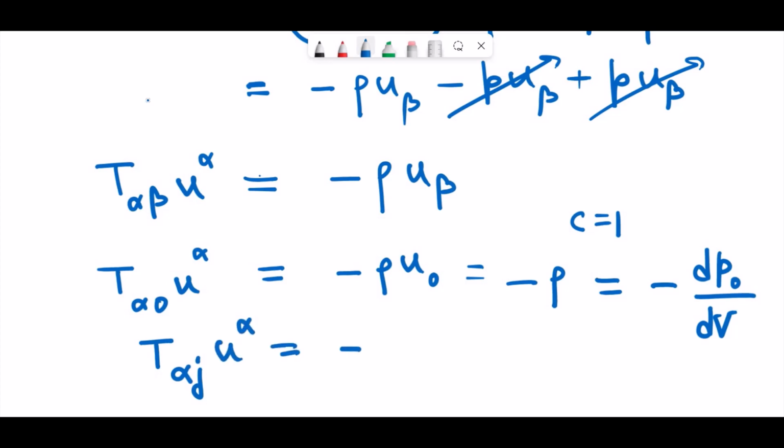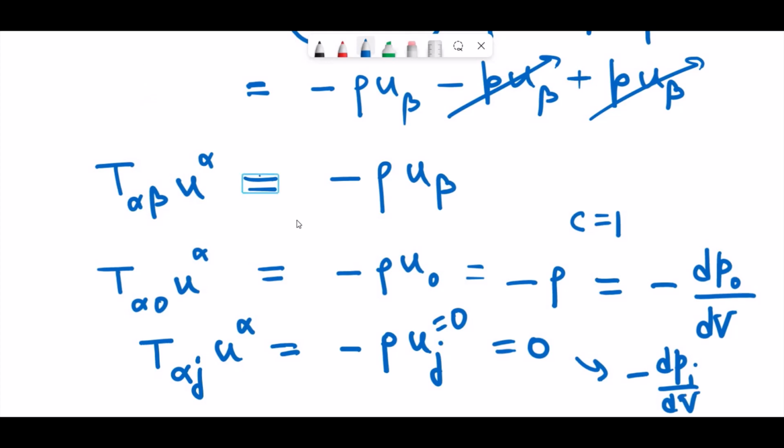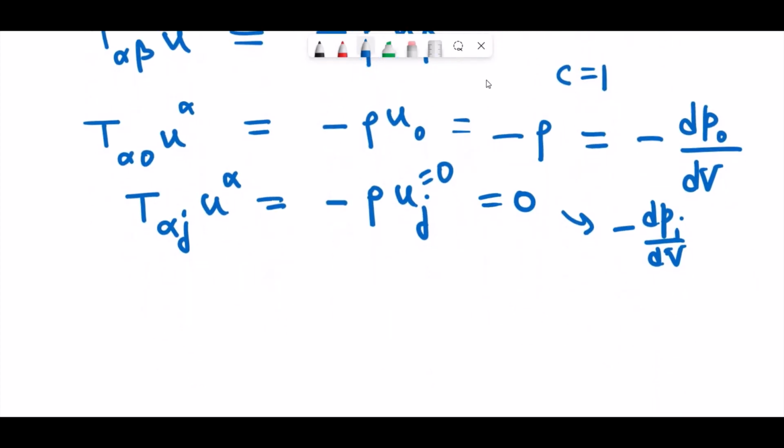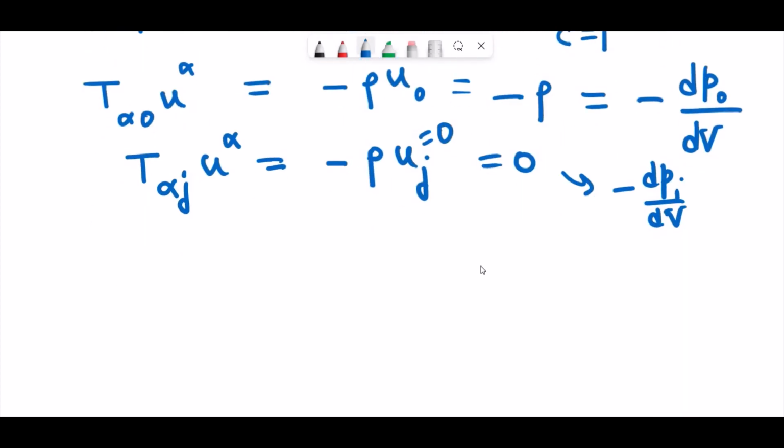We get negative rho multiplied with uj, but in the rest frame uj is equal to 0, so this is going to be 0, and this was the momentum density, remember, which was negative dpj/dv, and for a set of non-interacting particles the momentum density is 0 in its rest frame, and that's also an intuitive result.